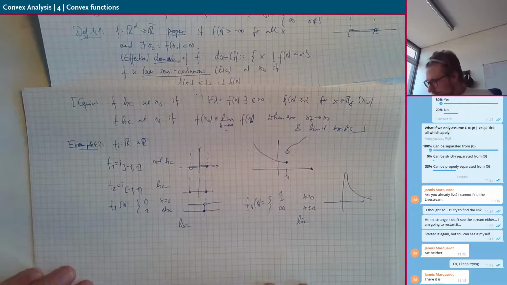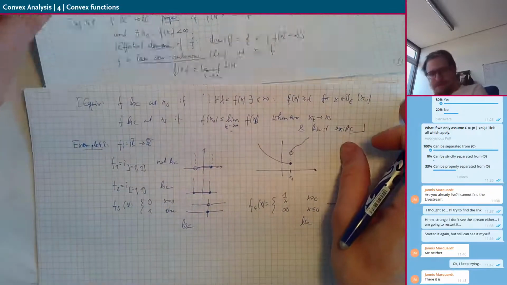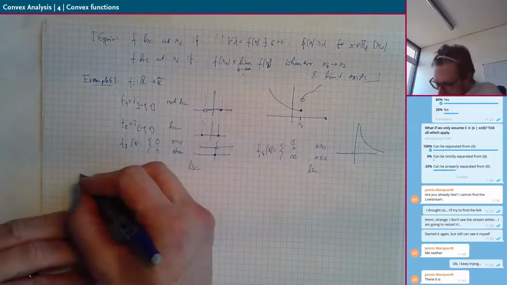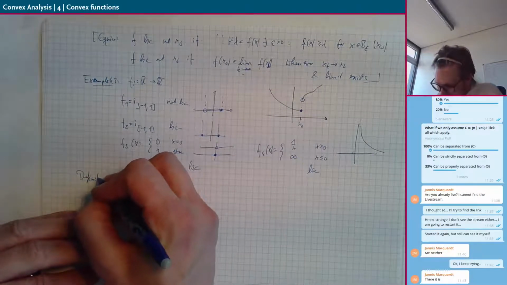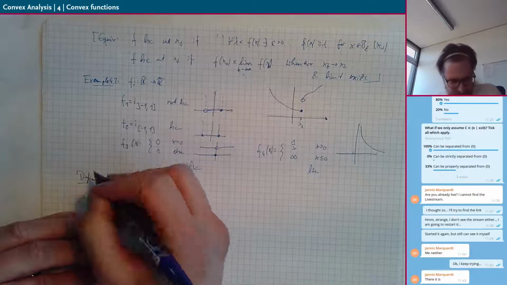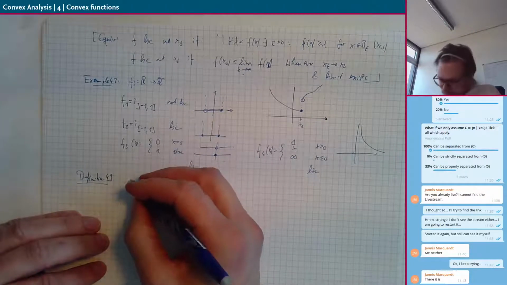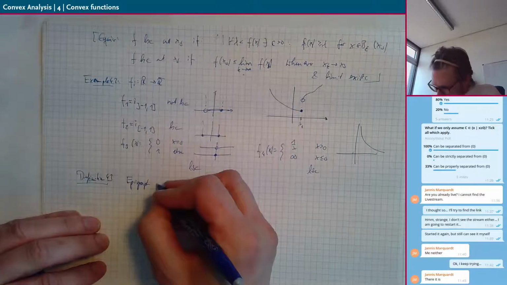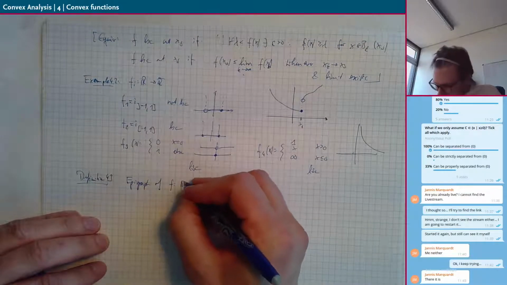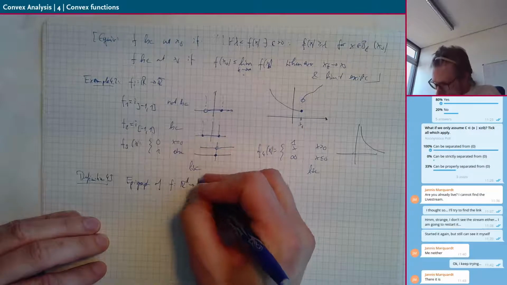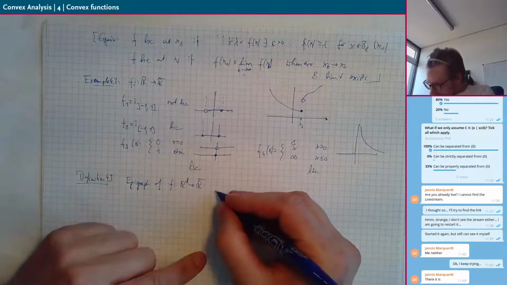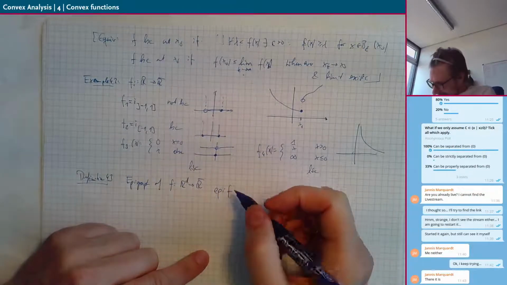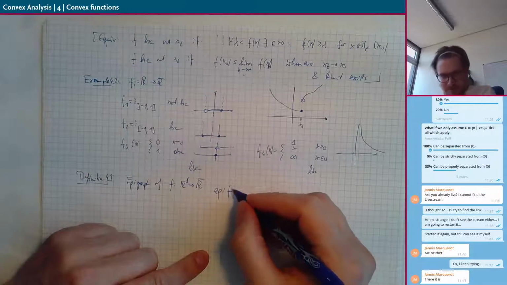Okay, that was one notion. Still not talking about convex functions, and the next definition is also not about convex functions. So the next definition is the epigraph. The epigraph of some f from Rd to the extended real line is denoted by epi of f, and I haven't made up my mind if I should use parentheses here or not.